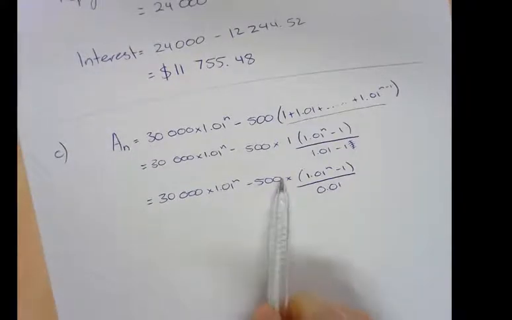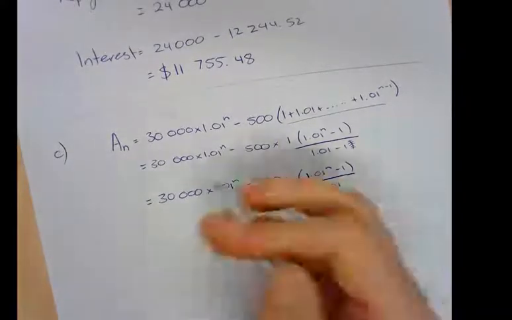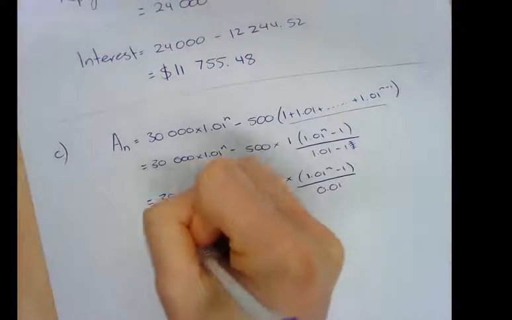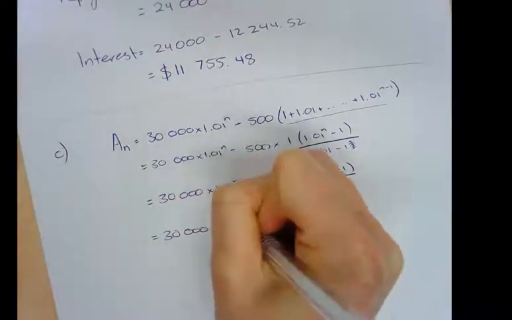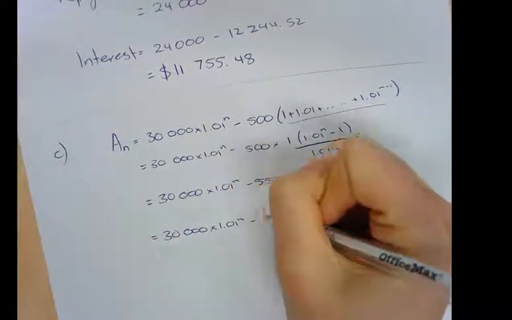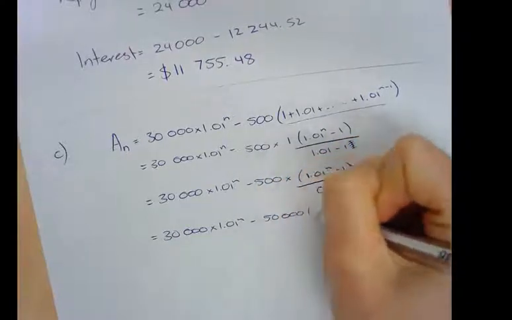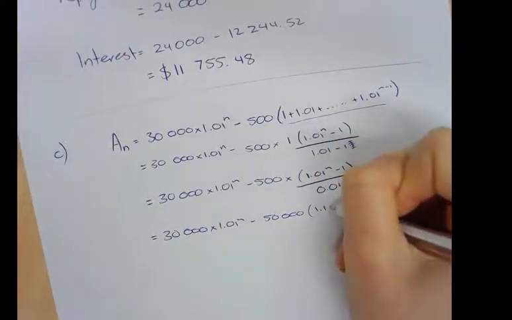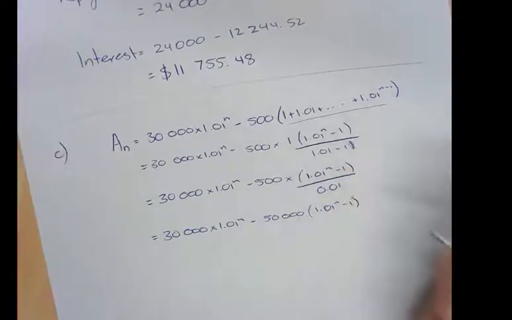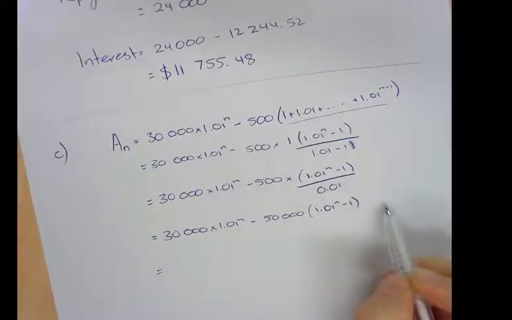Now in this next step, I'm going to do 500 divided by 0.01. So that would give us 50,000. And we've got that outside of 1.01 to the n minus 1. Now I'm going to expand this bracket out.